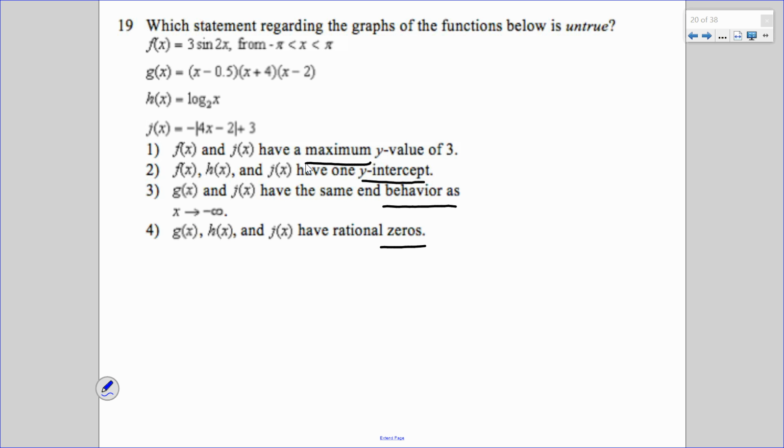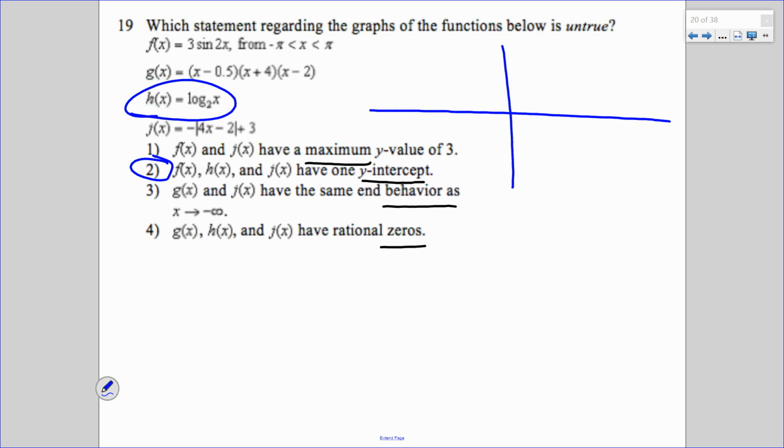The answer is choice 2 because of the big concept for log graphs. Log graphs have a vertical asymptote and go through the point (1, 0). The range is all real numbers. The domain is all positive numbers.